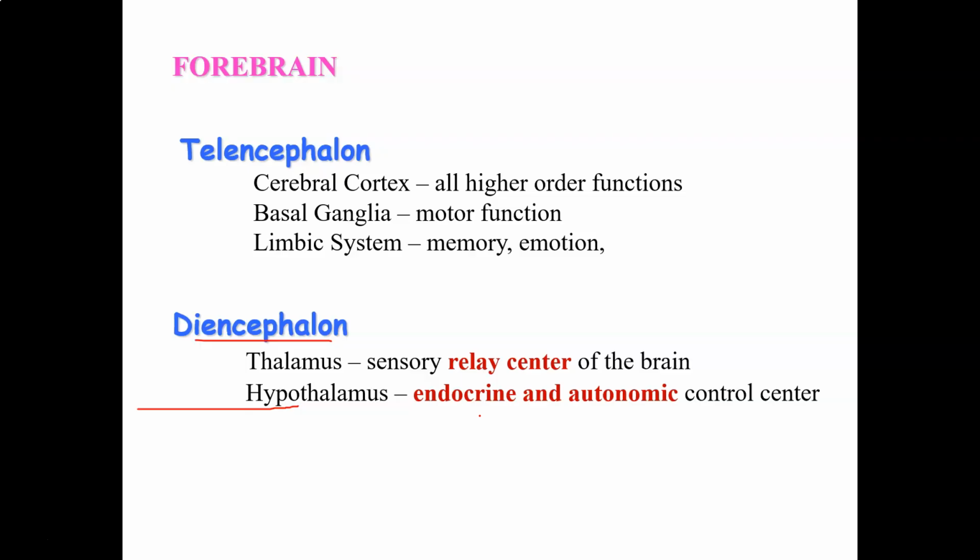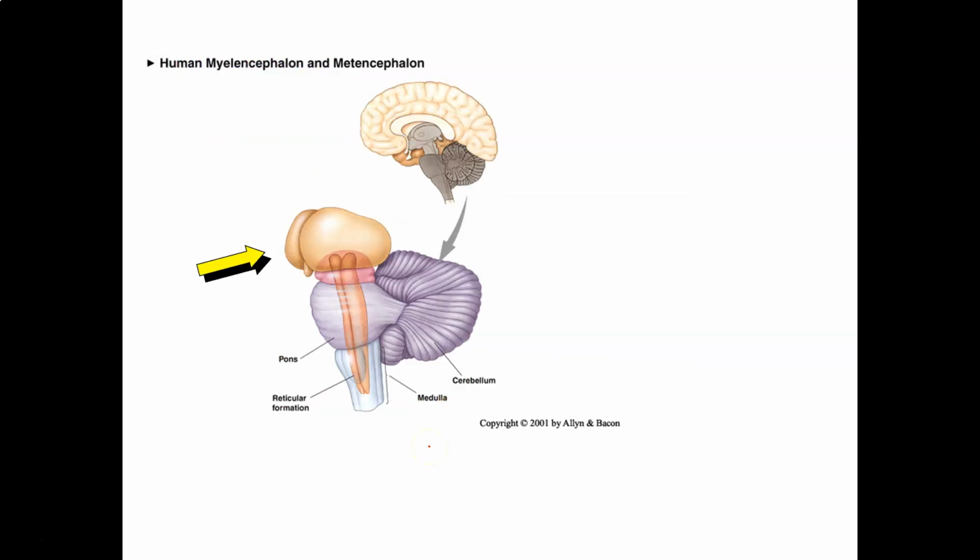So it coordinates and decides when and how much hormone gets released from different glands all over your body. It also handles the activation of the autonomic nervous system, or parts of it, like the parasympathetic division. So let's take a look at where we are in the brain.